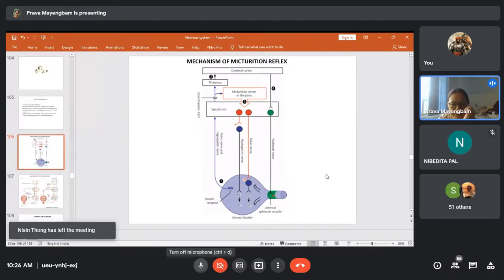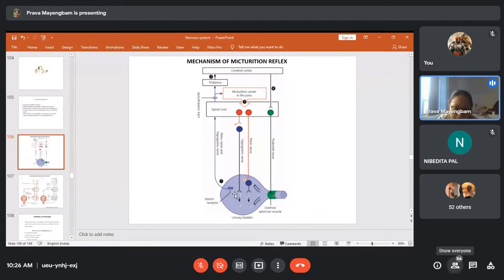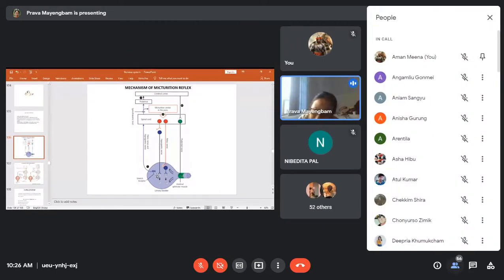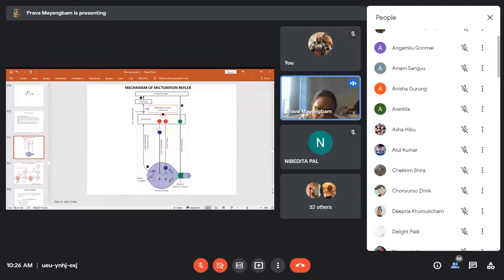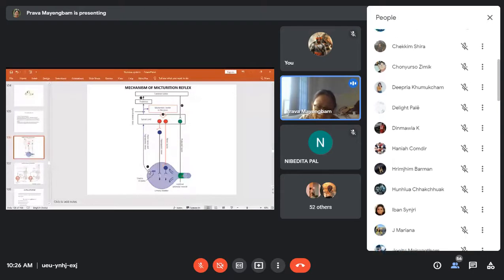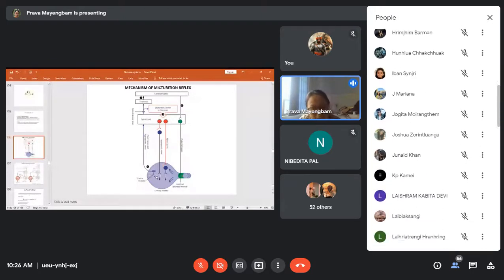So here, what I was telling, when the urinary bladder is almost near to being full, when the stretching has gone to its maximum, the stretch receptors will sense that the maximum stretching has happened. Now the urinary bladder needs to empty.